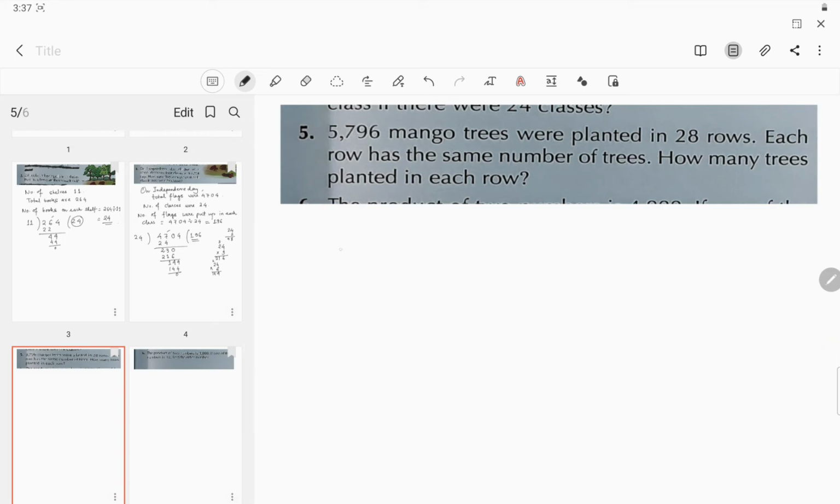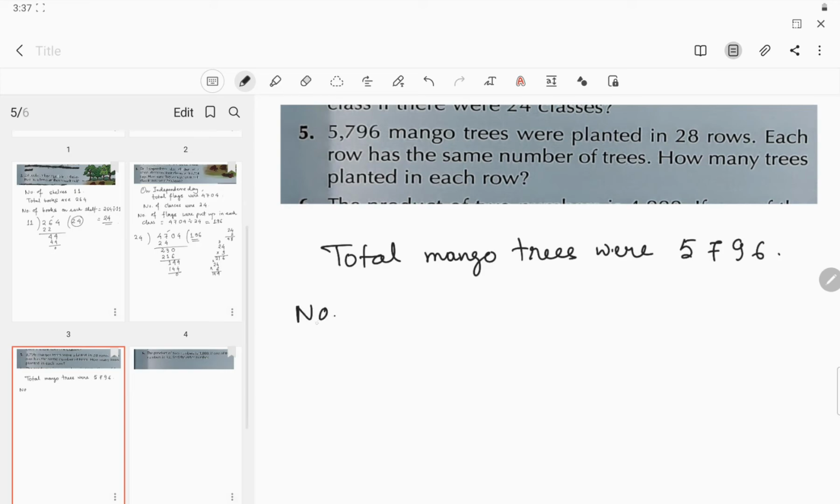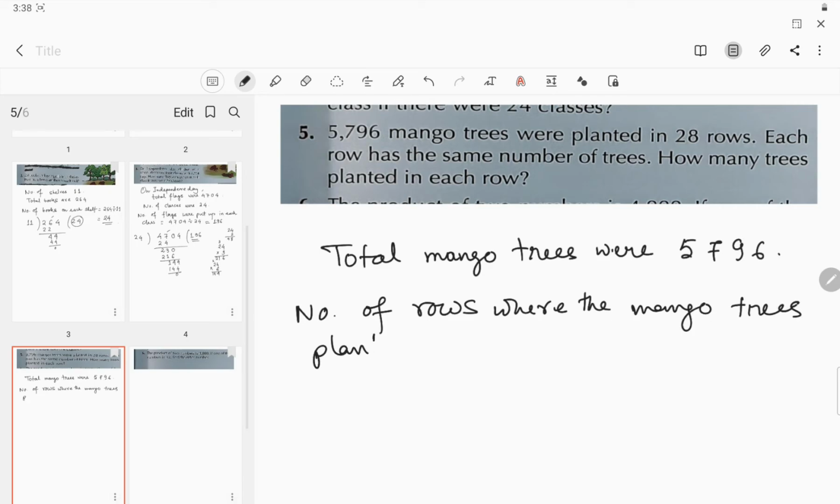So total mango trees were 5796 and number of rows where the mango trees were planted is 28.